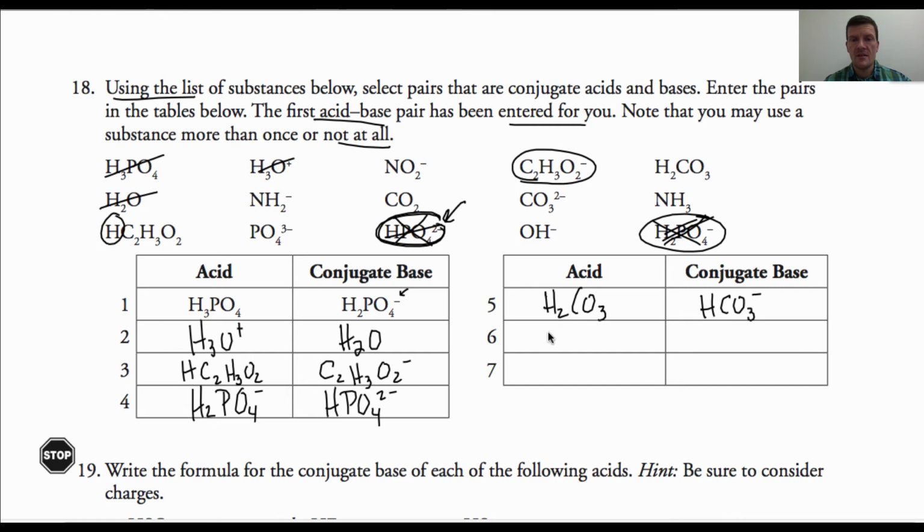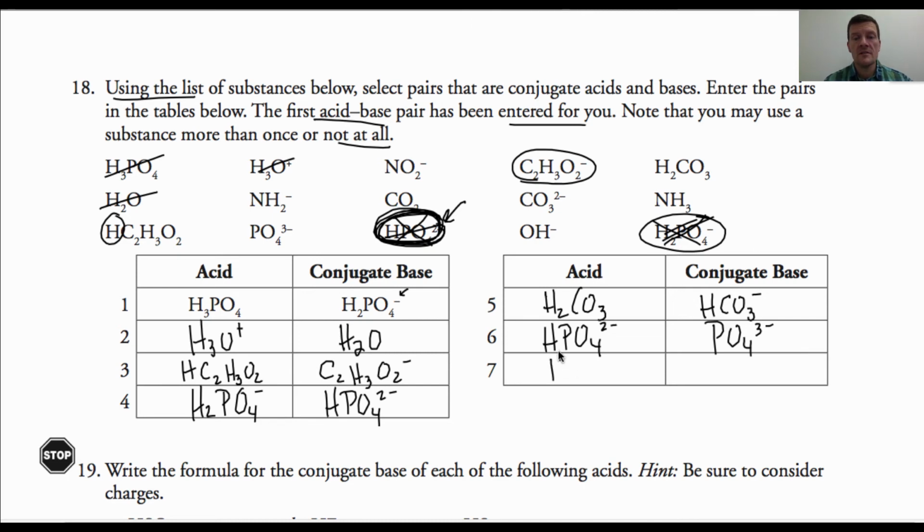If we have HPO4 2 negative, that still has an H in there. That's this one. I used it before, but I could use it again now because it still has one more H, and then it gives up its H and would reduce its charge by 1. Okay?